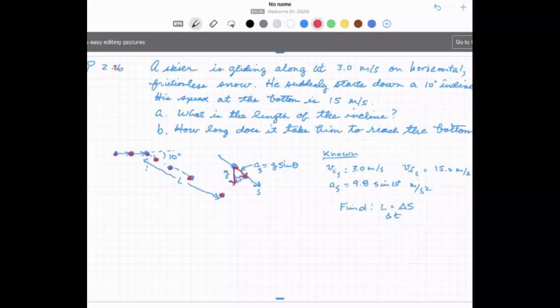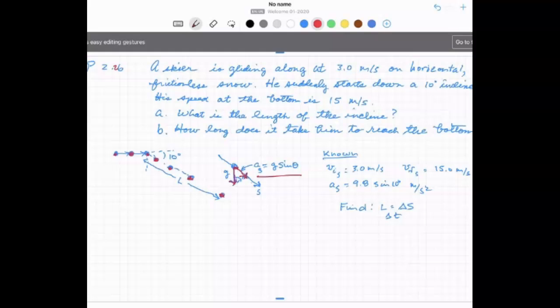Next, I show a breakdown of the acceleration vector acting on the object as it's going down the incline. And I show that a sub s, as we saw two slides ago, is equal to g sine theta.